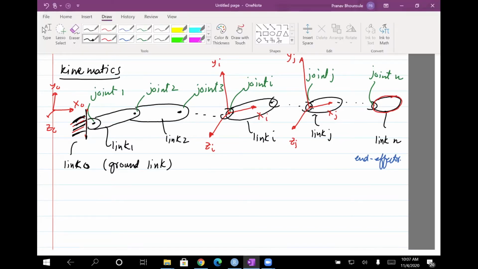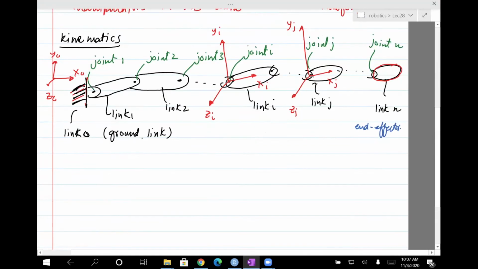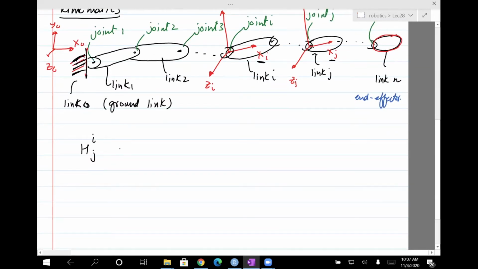So in other words, we'll write these transformations for link j with respect to frame i. I've just shown you generic i and j, but i could be 0, i could be 1, j could be 0, j could be 1, and so on. So we need to be able to write this formula down in order to figure out the kinematics.